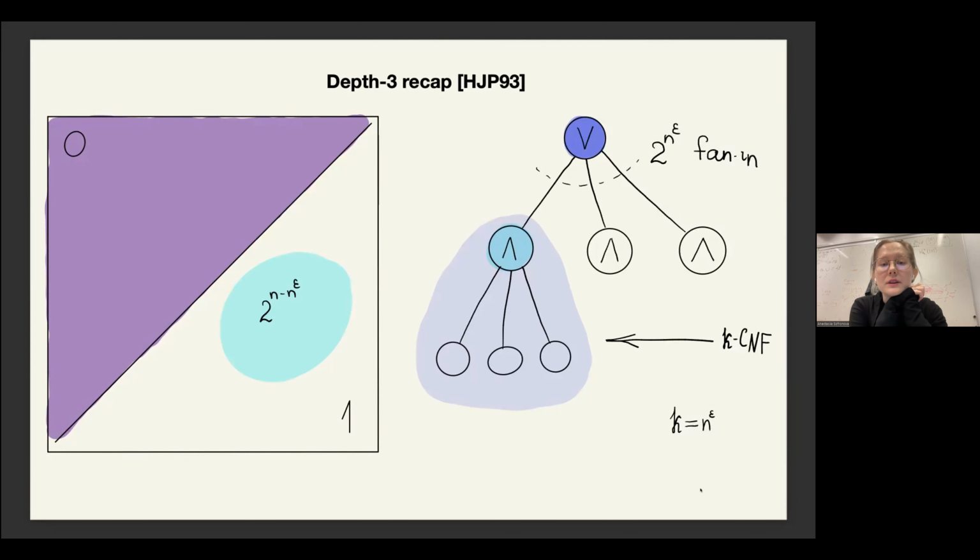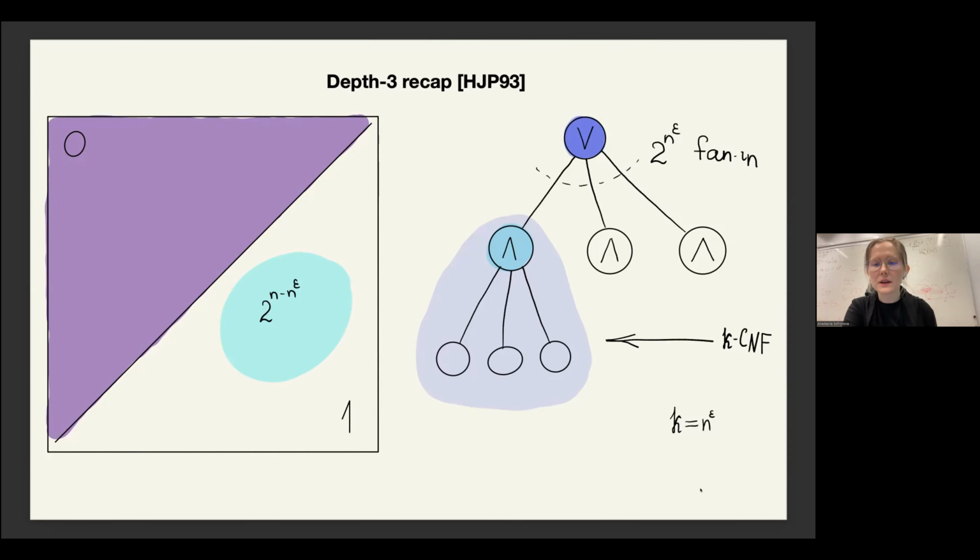So let's take a look at depth 3 first. So we have our depth 3 circuit. It's a tree. It's of depth 3. And I want to prove a lower bound of the order 2 to the n to the epsilon. Now we know that epsilon is actually 1/2, but just for the sake of simplicity, we say that everything is n to the epsilon in the scope of this talk.